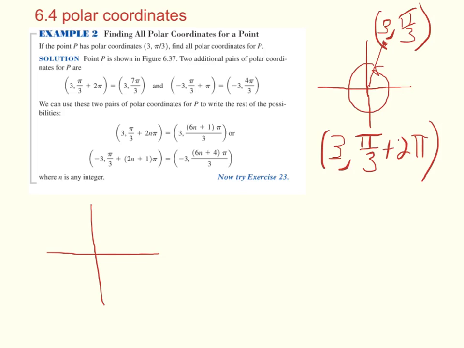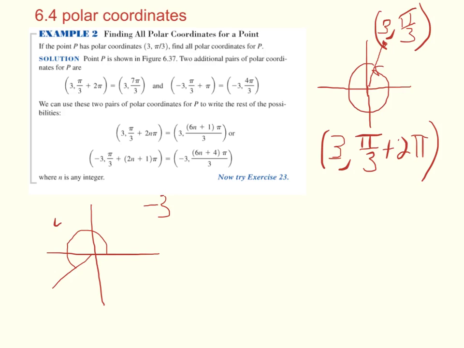When I add 1 pi and I make the direction, or the directed distance, negative 3 instead of positive 3, we can now move all the way here, which is 1 pi later.